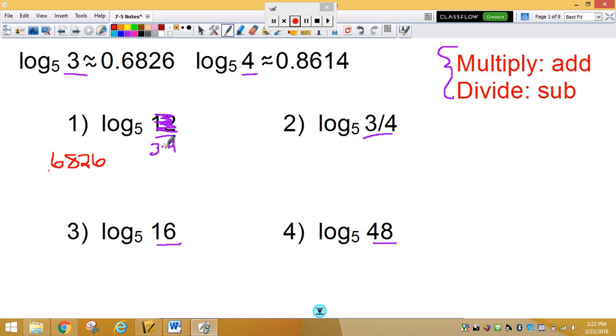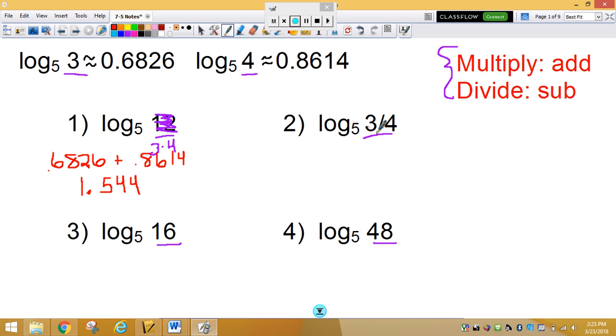Now, because it's 3 times 4, times is multiplying, so that means I'm going to add to it whatever log base 5 of 4 is. And log base 5 of 4 is 0.8614. So you just grab a calculator, type that in, 0.6826 plus 0.8614, and you get 1.544.